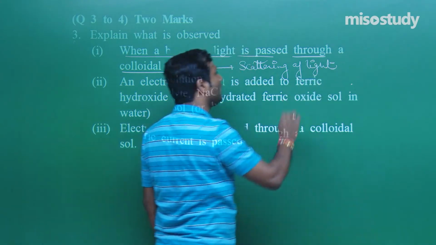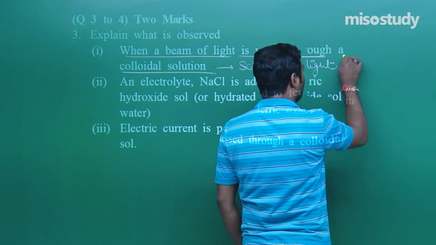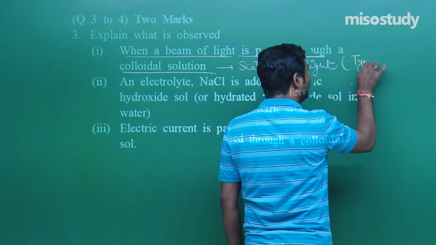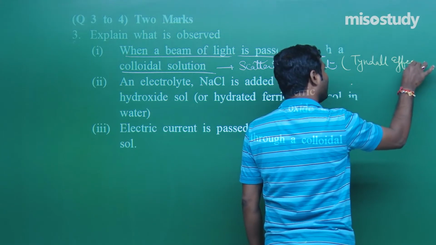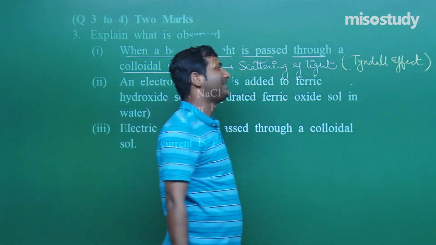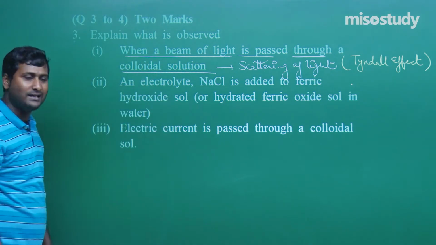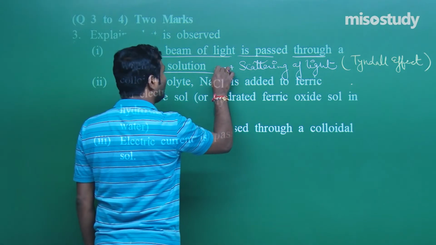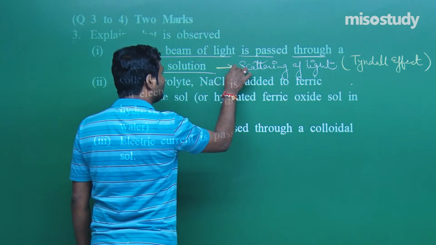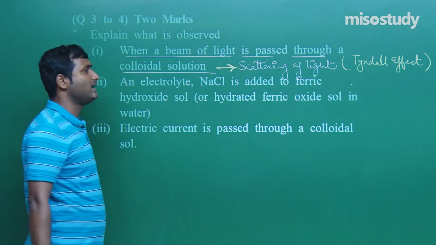The scattering of light takes place, and this scattering of light is known as, my friend, Tyndall effect. Again I am repeating, when a beam of light is passed through a colloidal solution, scattering of light takes place, and this scattering of light is known as Tyndall effect.